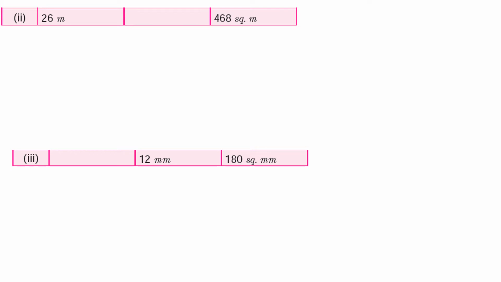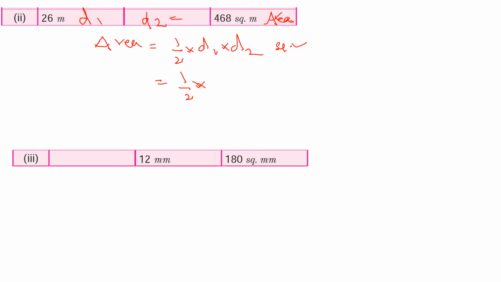Second sum, D1 is given and we have to find out D2. Area of the rhombus is given. So what is the area of rhombus formula? Area equal to half into D1 into D2 square units. So here half into D1 is 26 into D2 equal to area 468.